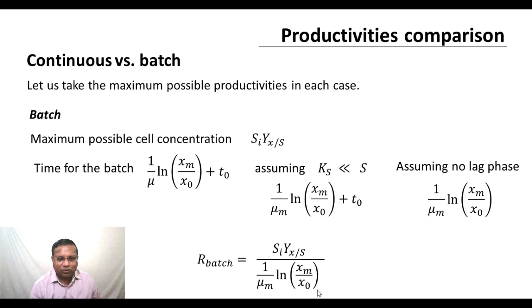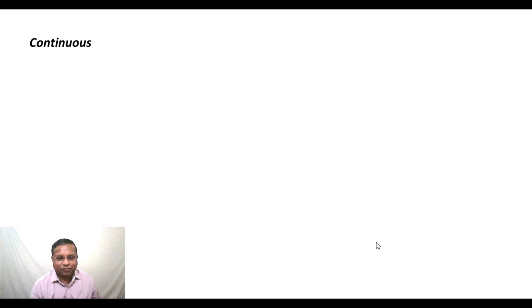The amount produced per unit volume per unit time is the productivity that we define. Therefore, SI Y_xs divided by 1 by mu m ln of xm by x0. This is the productivity expression for a batch, starting from x0 going up to xm.